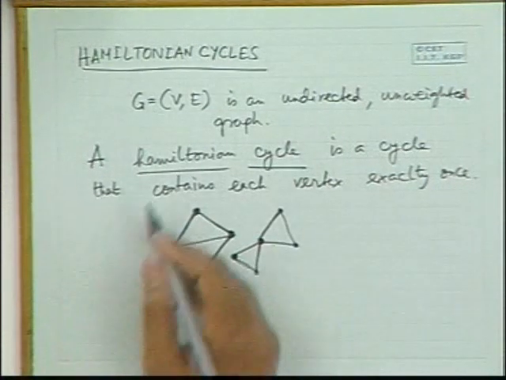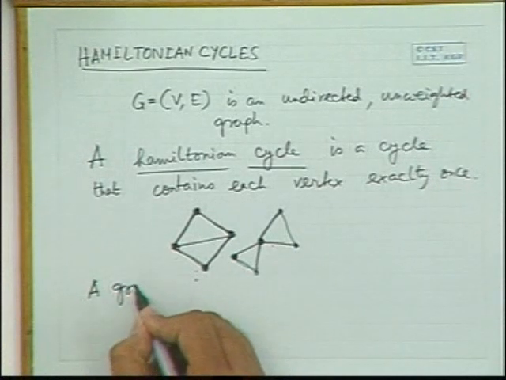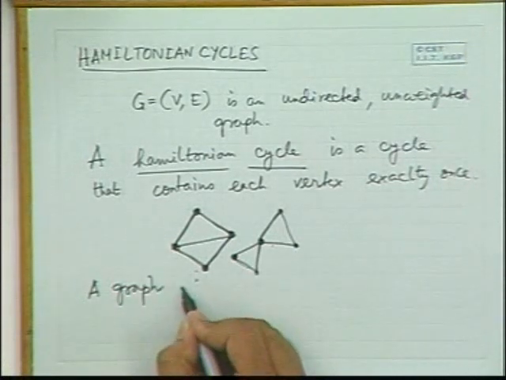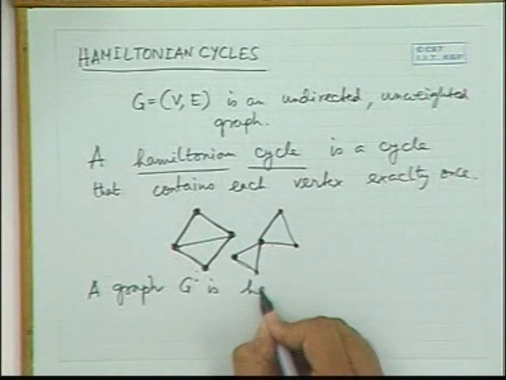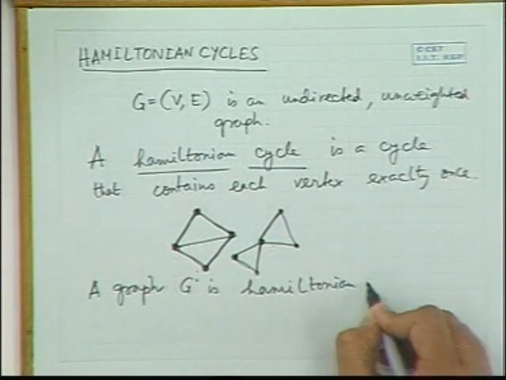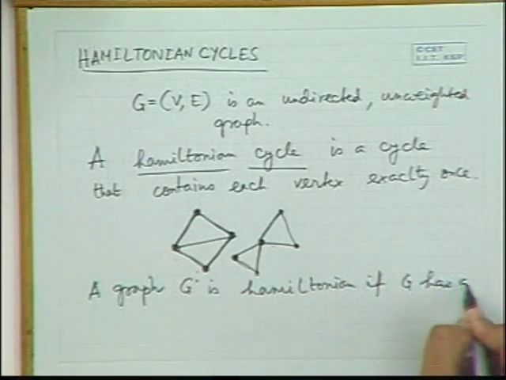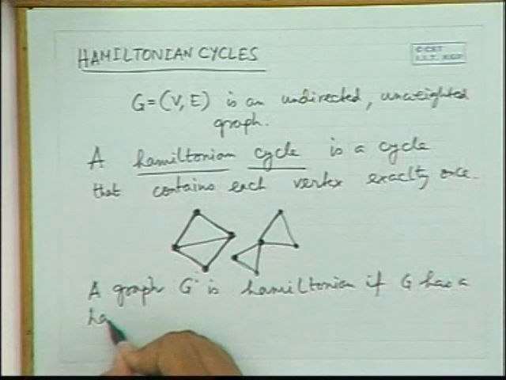So with this, a graph G is Hamiltonian if G has a Hamiltonian cycle.